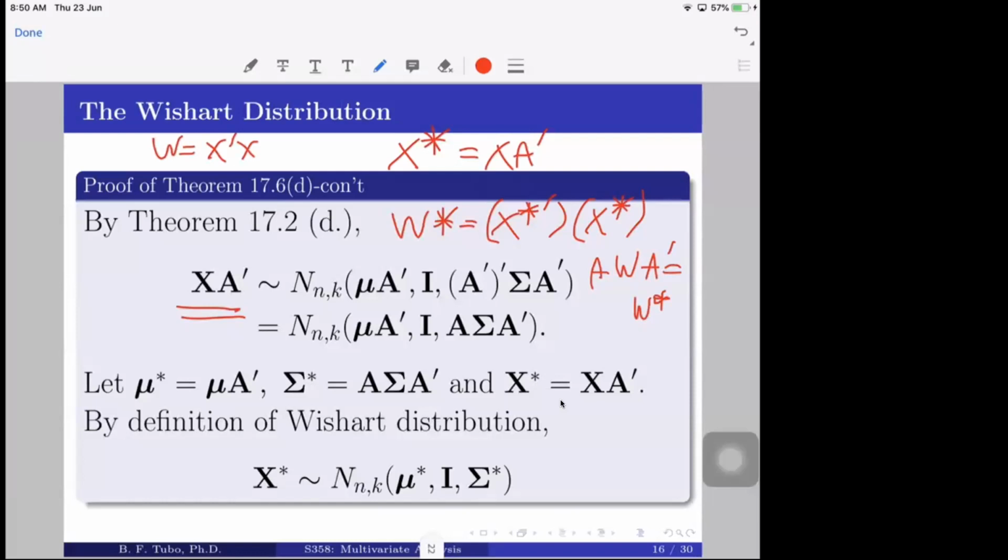So let's look at the distribution of XA prime.